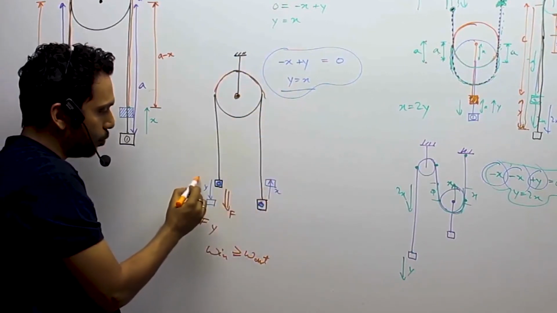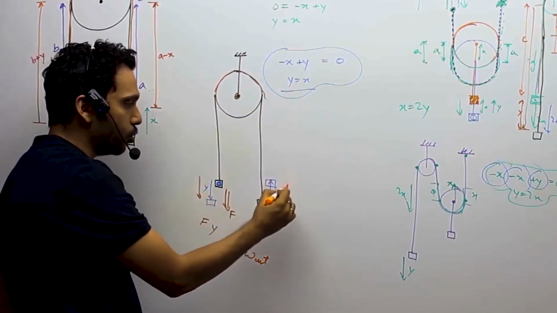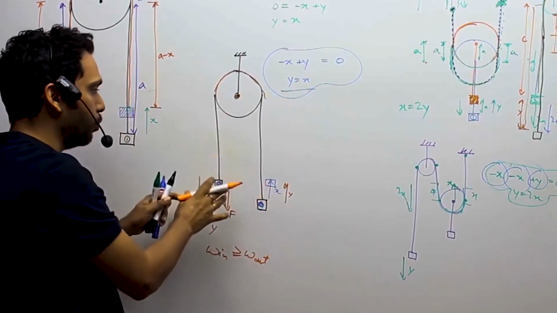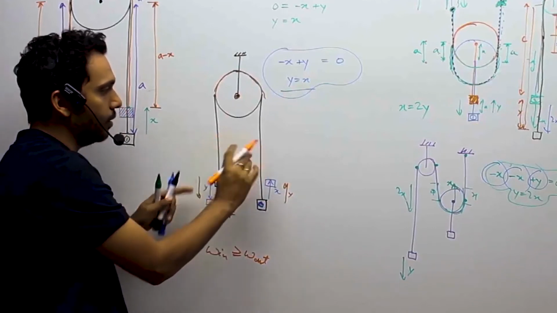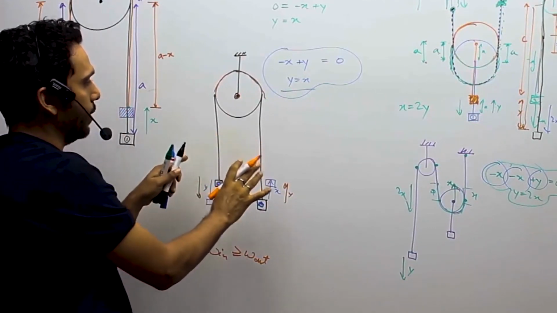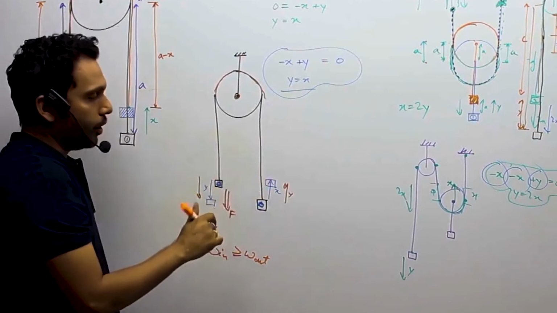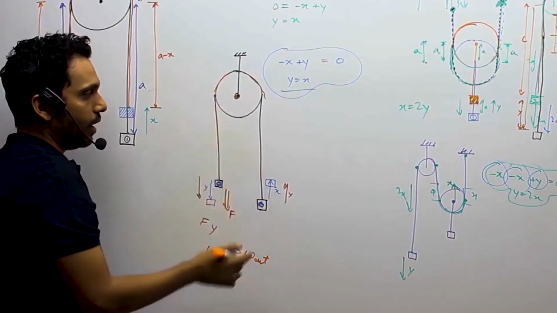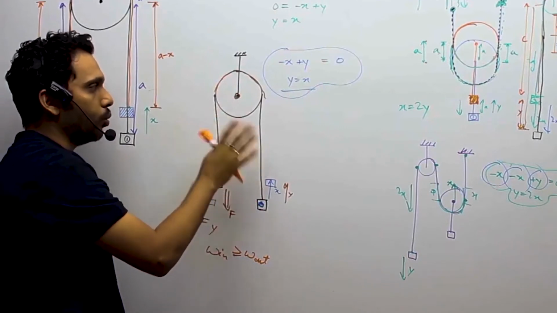So if I have managed to move it Y down, this has to go X, which is equal to Y, up. And this string is not extending, it is inextensible.